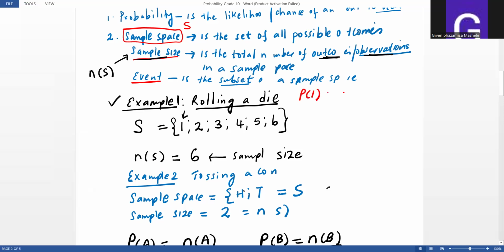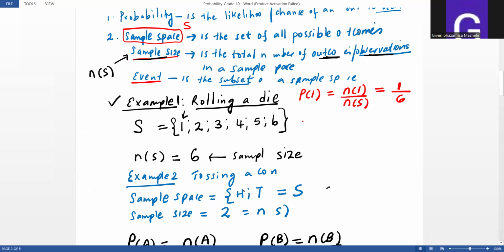This will be the number of ones divided by the sample size. We know the sample size, ladies and gentlemen. What is the number of ones in the sample space? It's only 1, from a total of 6. So it's 1/6.